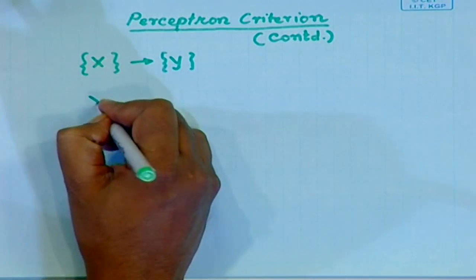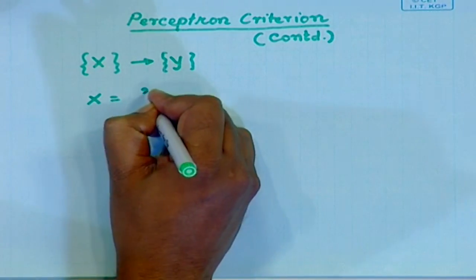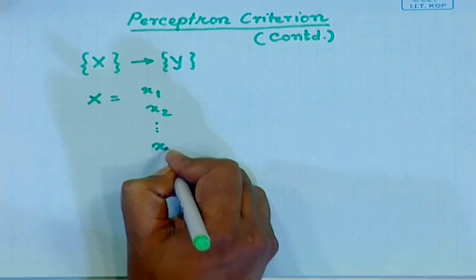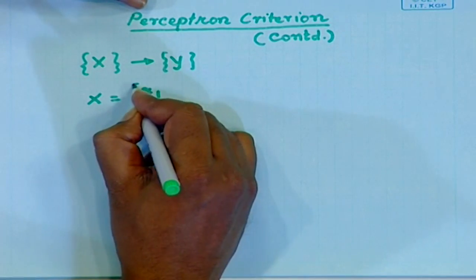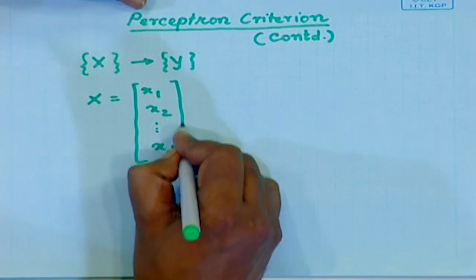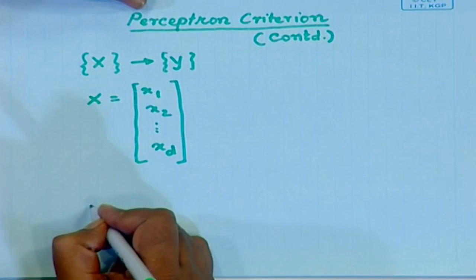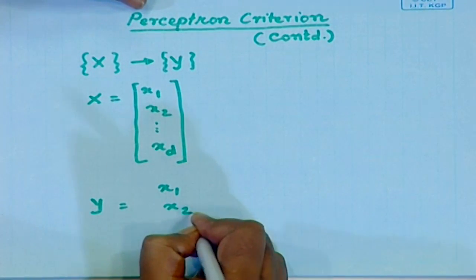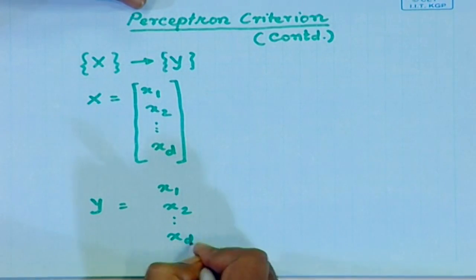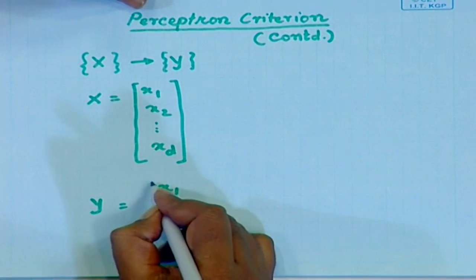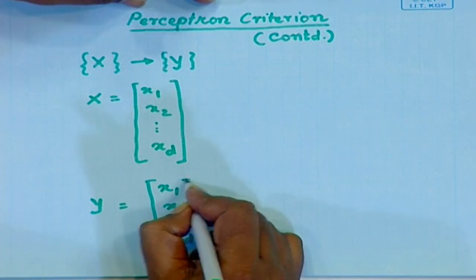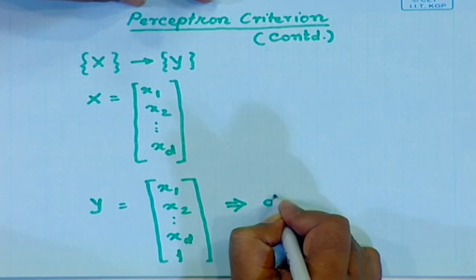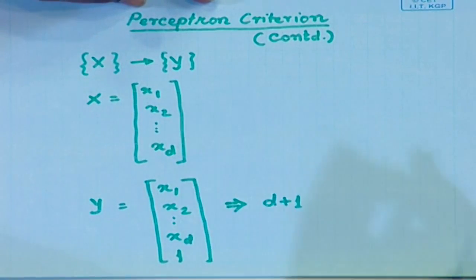So if x is of the form x1, x2, up to xd, where x is a d-dimensional vector, then the vector y will be of the form x1, x2, up to xd, followed by another component equal to 1. So effectively this vector y becomes a d plus one dimensional vector.